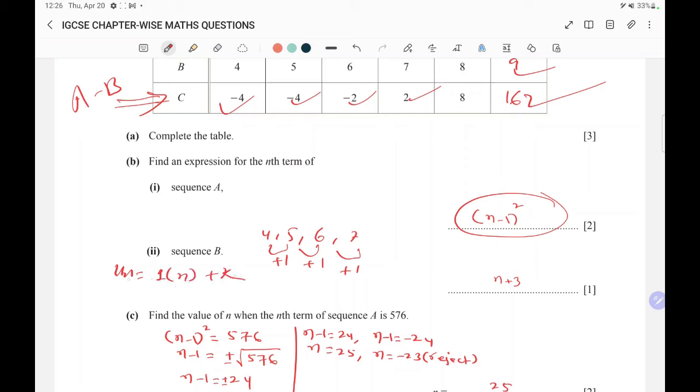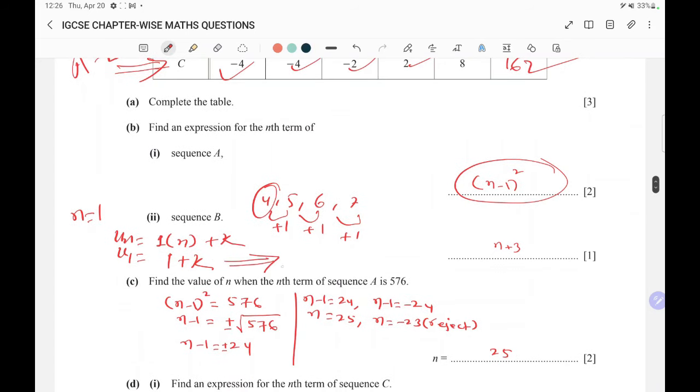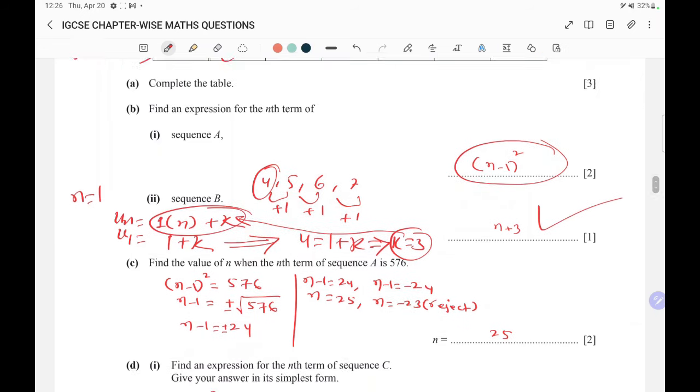Now if you put n equal to 1, the first term u1 is 1 plus k. And what is u1? The first term is 4. So 4 equals 1 plus k, so k equals 3. Just put k equals 3 over here. So n plus 3 should be the answer.